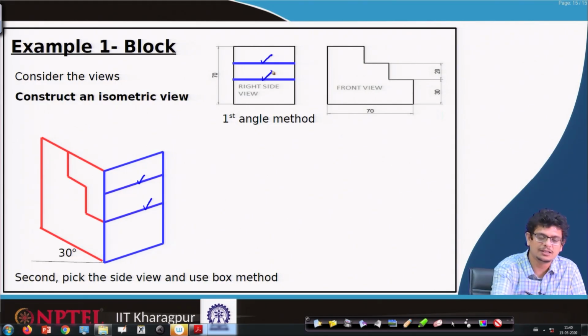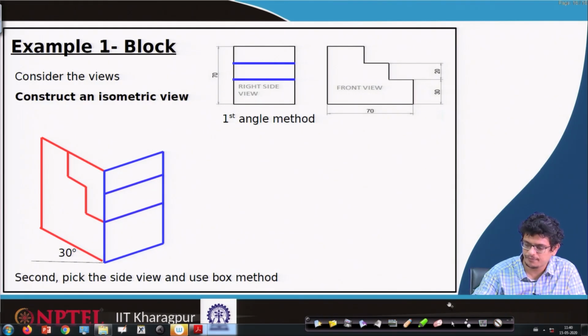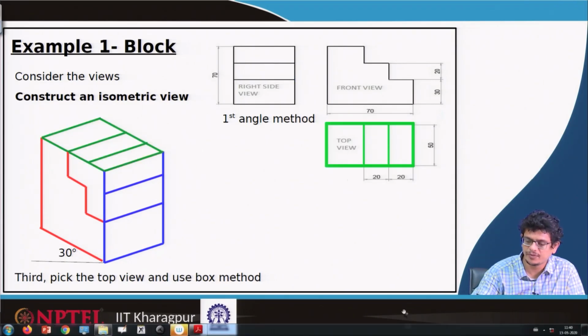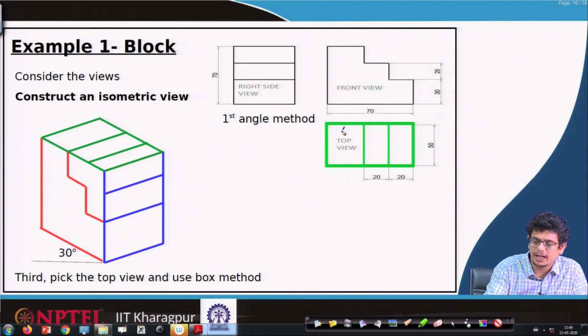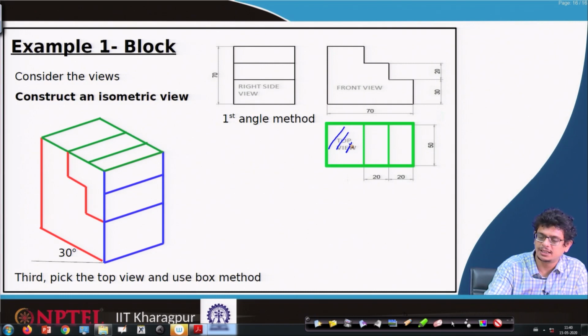Once it is done, we can use the other view, the top view, to construct the top side of this box. So, let us look at the top view. As I said, we have this kind of blocks; transfer this entire thing using our isometric axis.